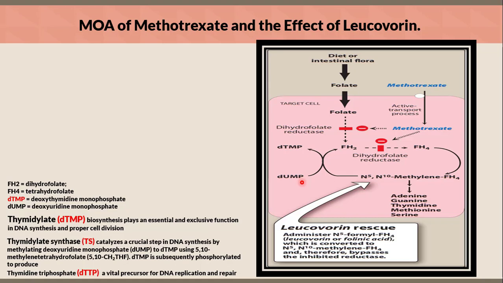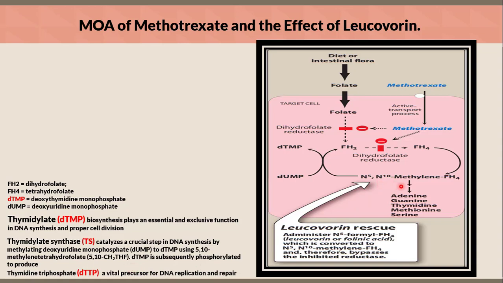Thymidylate synthase catalyzes a crucial step in DNA synthesis by methylating deoxyuridine monophosphate to deoxythymidine monophosphate using N5,N10-methylene tetrahydrofolate, and the deoxythymidine monophosphate is subsequently phosphorylated to produce thymidine triphosphate, dTTP, which is a vital precursor for DNA replication and repair.